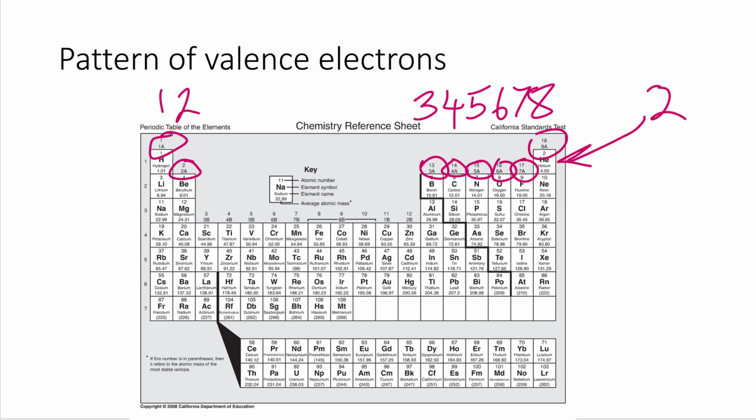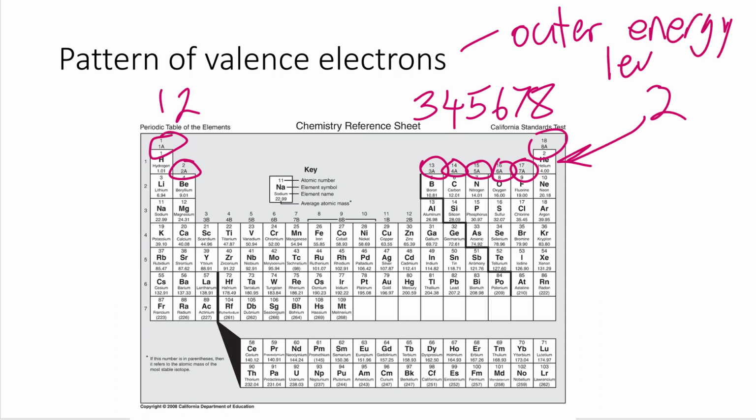Hopefully this makes sense. Valence electrons are on the outside, on the outer energy level of an atom. And if it's on the outer energy level of an atom, all of these atoms have more electrons than the number of valence electrons, except for helium.